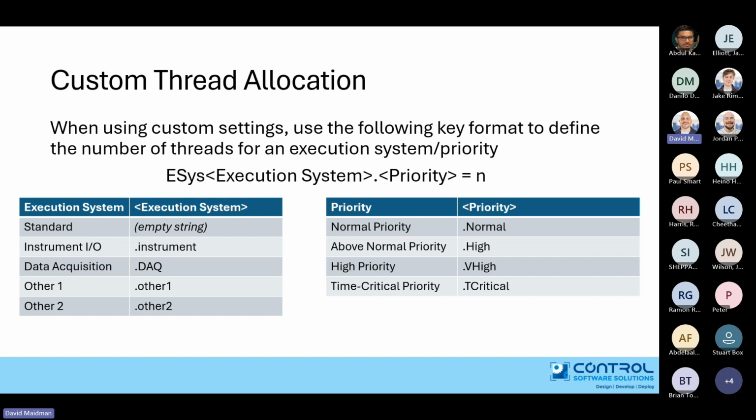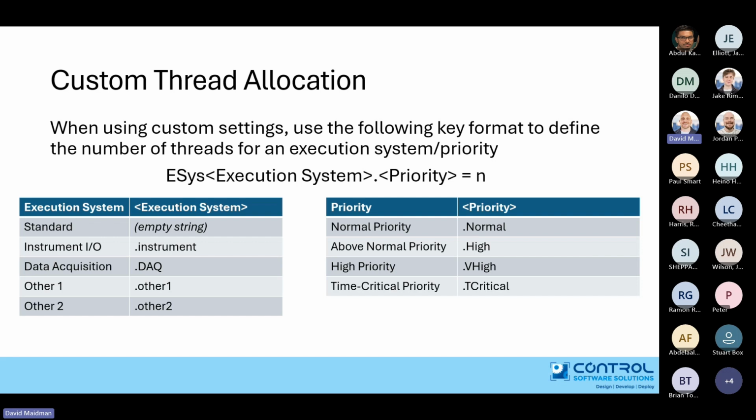ESYS.execution system.priority equals, and then the number of threads we want to apply to that pool. For the execution system, if we supply an empty string, that means standard. .instrument is for the instrument IO, .dac is for data acquisition, and so on. Then we need to tell it the priority we want to set the thread pool for.